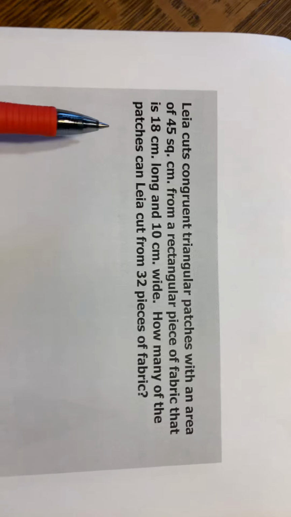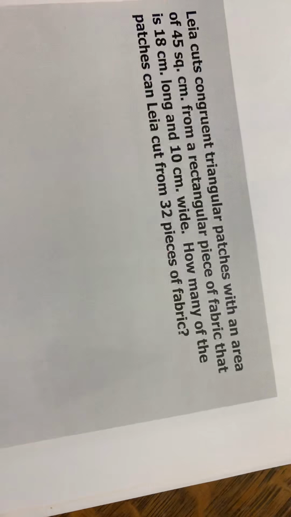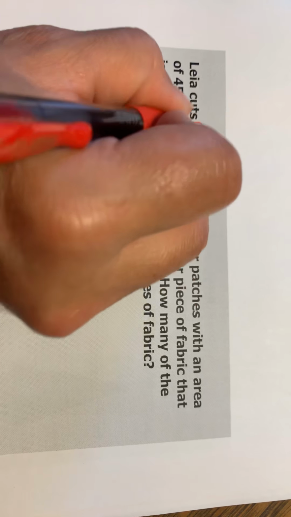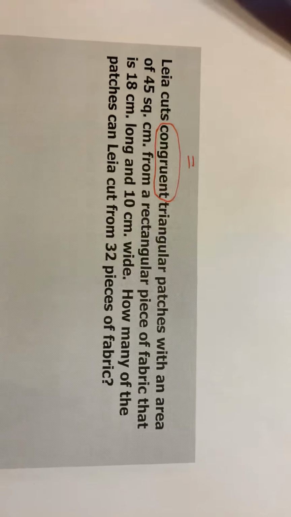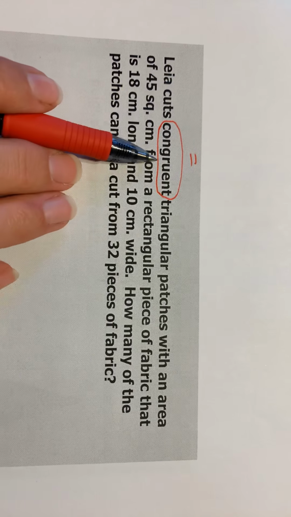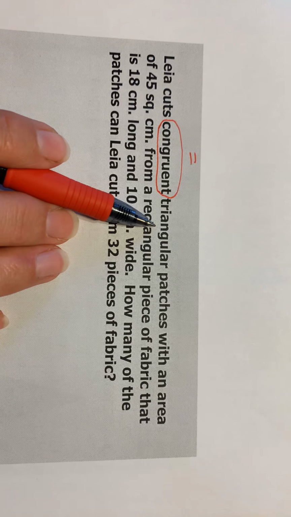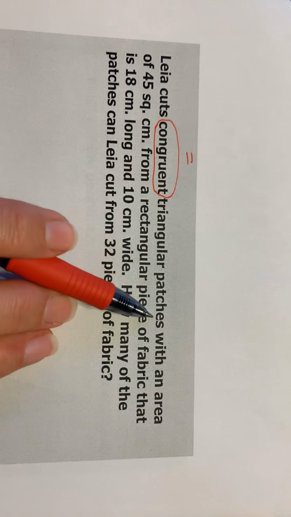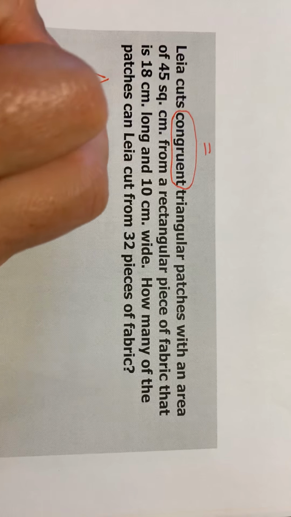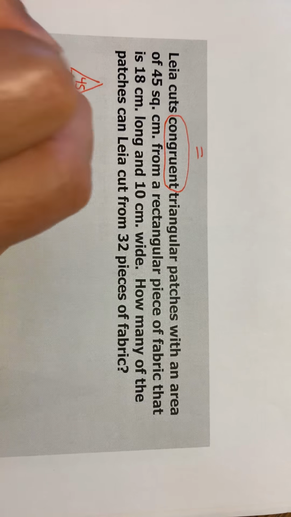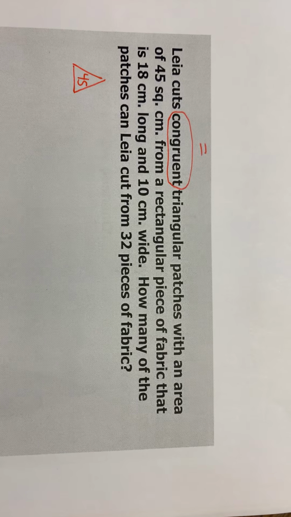This one says Leah cuts congruent. All right, guys, this word right here, congruent, that means equal. They're all the same size and the same shape. So Leah's going to cut congruent triangles, so matching triangles, with an area of 45 square centimeters. So we know every triangle is going to have an area of 45 square centimeters.